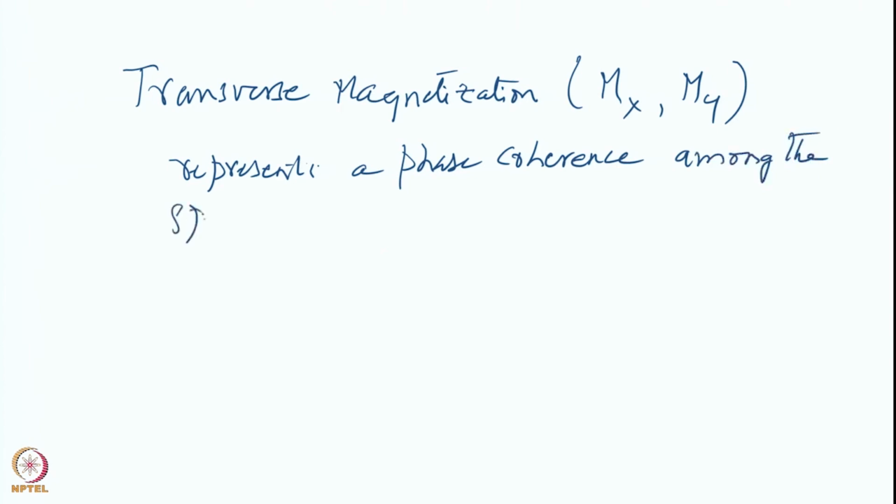You remember we talked about the hypothesis of random phases. The phase has to do with the angle a spin magnetization component makes with the x axis or the y axis. So, that was a phase. In the equilibrium situation, because of the randomness of the orientations of the spins, there was no correlation between the phases of the individual spins, and therefore there was no transverse magnetization. The phases were random and therefore there was no transverse magnetization.